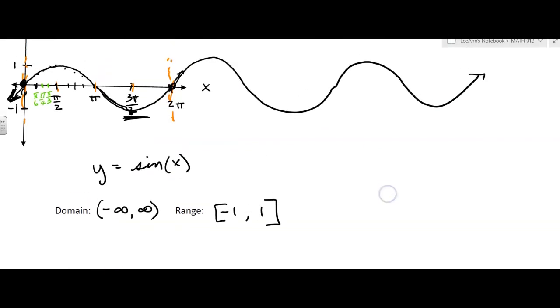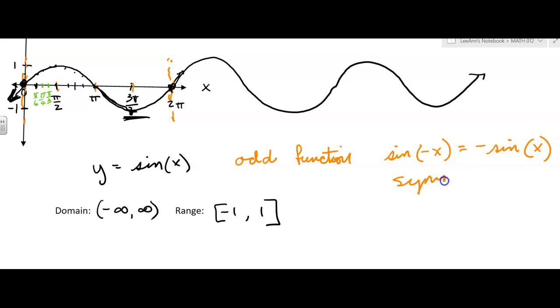Is there symmetry? Well, it turns out, if you remember, the sine function is an odd function. So when we talked about even and odd functions, it means that sine of the opposite of x is equal to the opposite of sine x. And it means it's symmetric about, or sometimes I'll say with respect to, the origin.